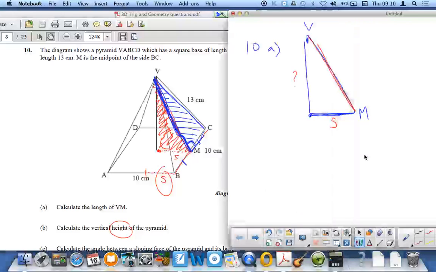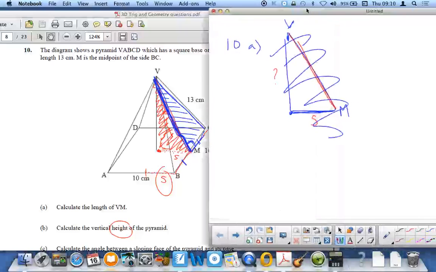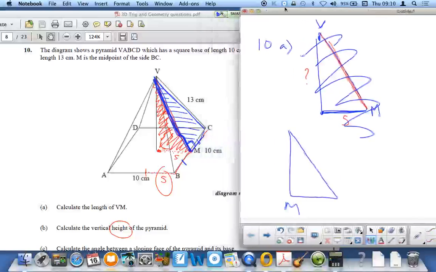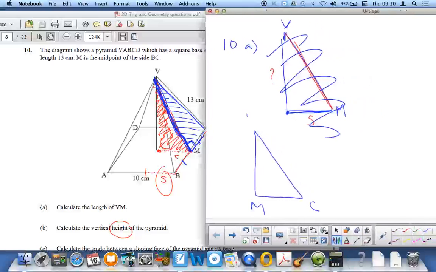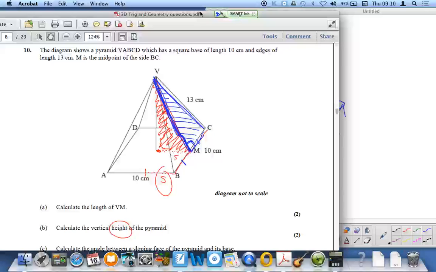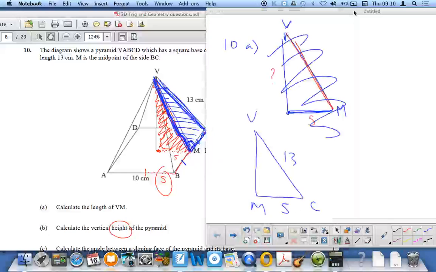So I'm in the exams, I'm in a hurry, so I'm just going to scribble over that, and I'm going to draw my new triangle and my working down here. Right, so a bit of a panic, but I've managed to recover M, C, and V. That's 5 now. That's 13. Remember that 13 is the sloping edge. And if I can calculate that line there, I've got the answer.